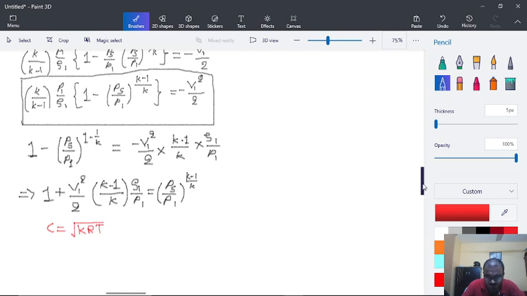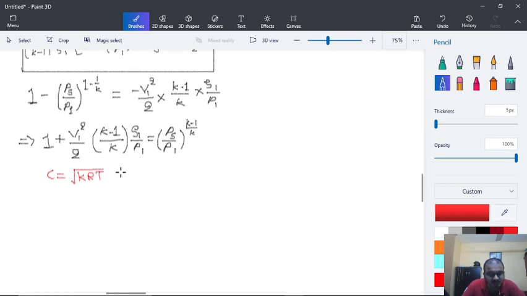Now instead of RT we can write C is equal to square root of K into P upon rho.